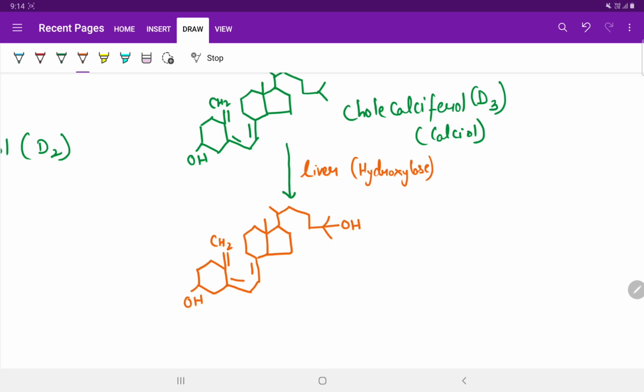So an OH group will be added over here, and this is known as calcidiol, also 25-hydroxy cholecalciferol.